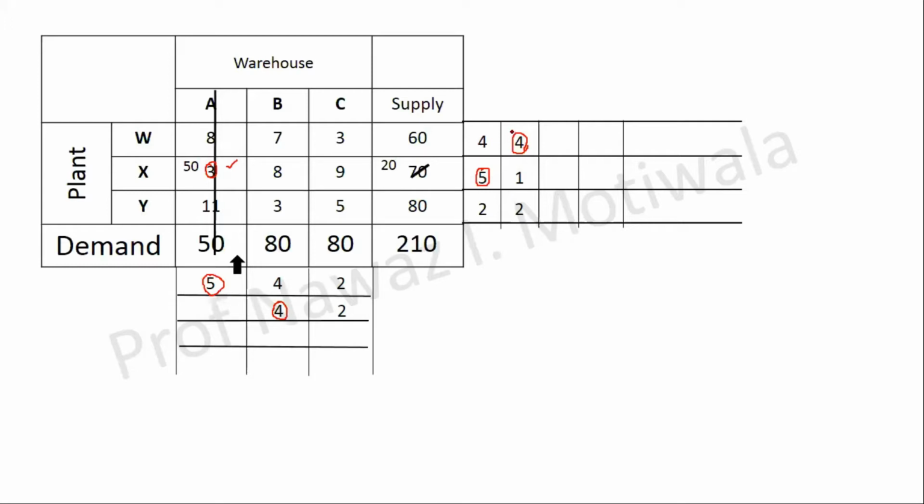Let us assume that I take this row as my maximum penalty. If I take this row, the minimum cost is 3. And if I take this column, again the minimum cost is 3. So here penalties are coinciding and also the costs are coinciding.